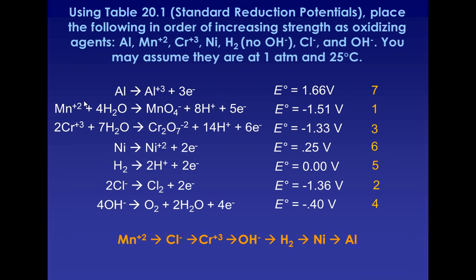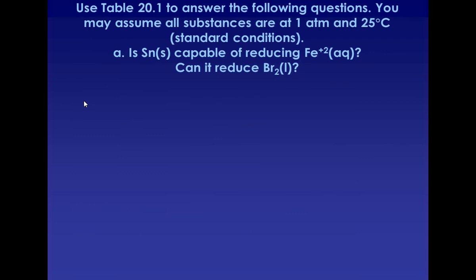One last thing that I could ask you about with this particular type of question is to determine whether a substance is capable of reducing or oxidizing another substance. So in part A, I asked you, is tin capable of reducing iron ions? If tin is capable of reducing the iron ions, then we want to look at tin as it's undergoing oxidation.